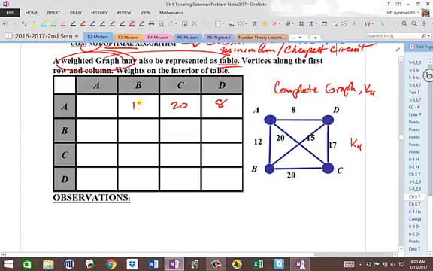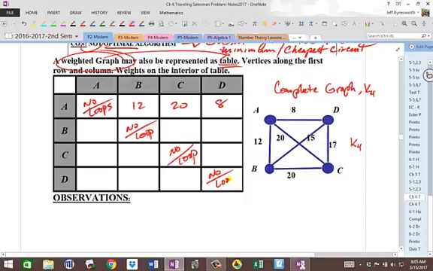Now A to A, well, there are no loops, so there's no value there. B to B does not exist in a complete graph because loops are not allowed. So no loops from B to B, C to C. On the diagonal there are not going to be any values in the table because no loops are allowed in a complete graph of K4.